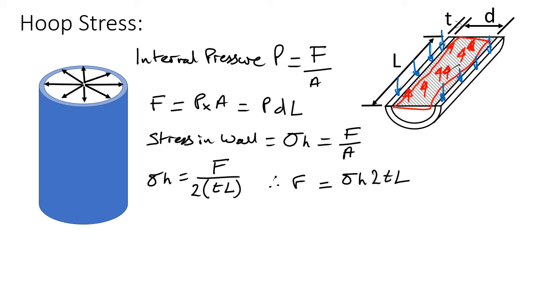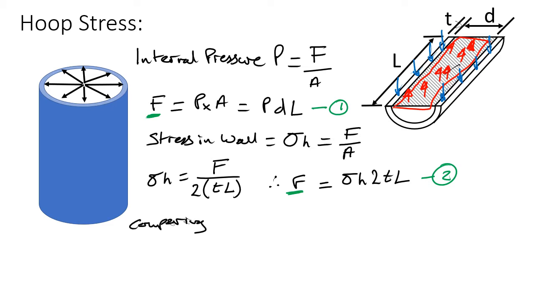And let's just put some numbers on here. If we look at this equation, we'll call that 1, and we'll call this one 2, then the forces both have to balance, don't they? The force that's exerted by the cylinder wall has to match the force that's exerted by the internal pressure. So we could equate 1 and 2 together.